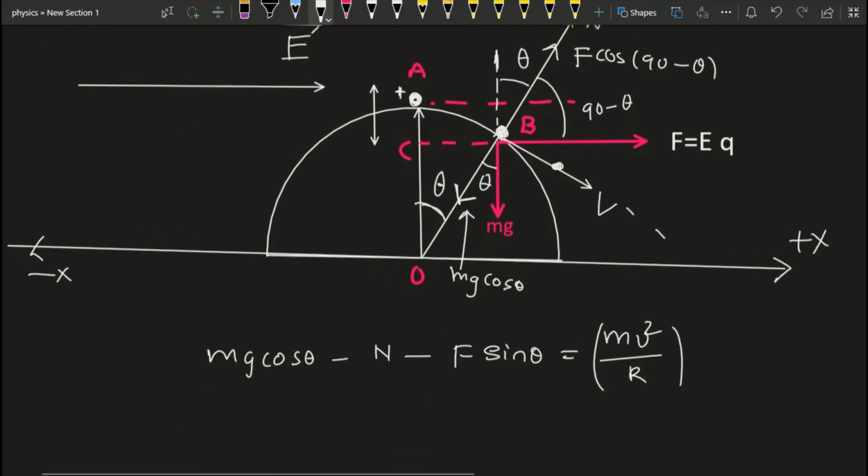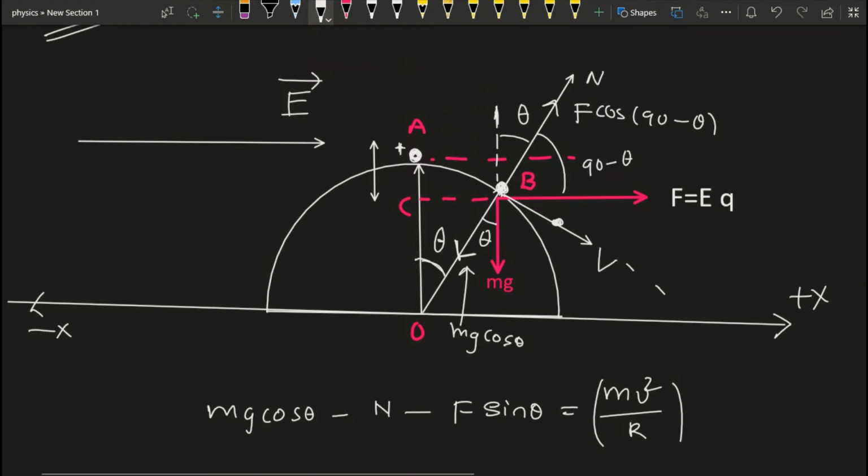But in the problem it is clearly mentioned that the disk is going to lose contact with the dome at an angle theta, and theta is sine inverse 3 by 5. At this particular angle it is going to lose contact with the dome, so that point is very important.